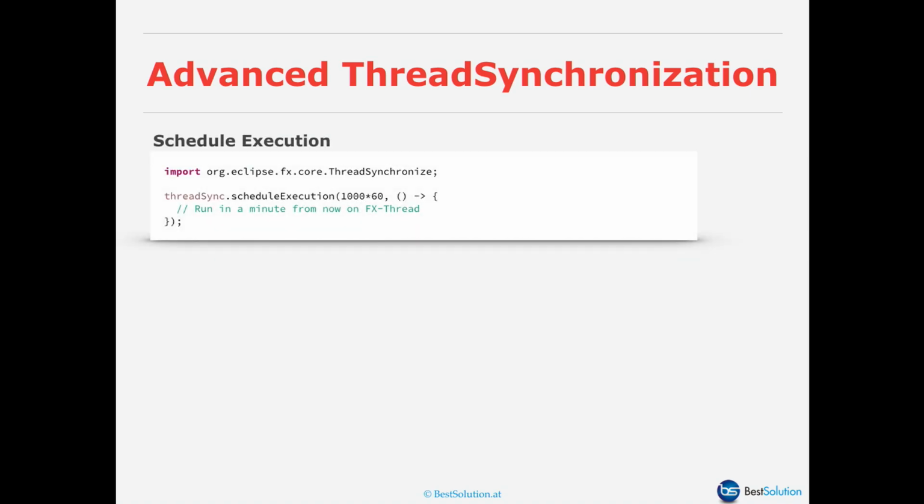Schedule execution. So when you have the task to schedule a task in 1 minute, the first reaction of all Java developers is, oh, I start a Timer and a TimerTask, and then I do the 1 minute, and then I call Platform.runLater to come back from the background thread, from the TimerTask, to my JavaFX system. This is not a good idea. You're creating threads, although they are not needed.